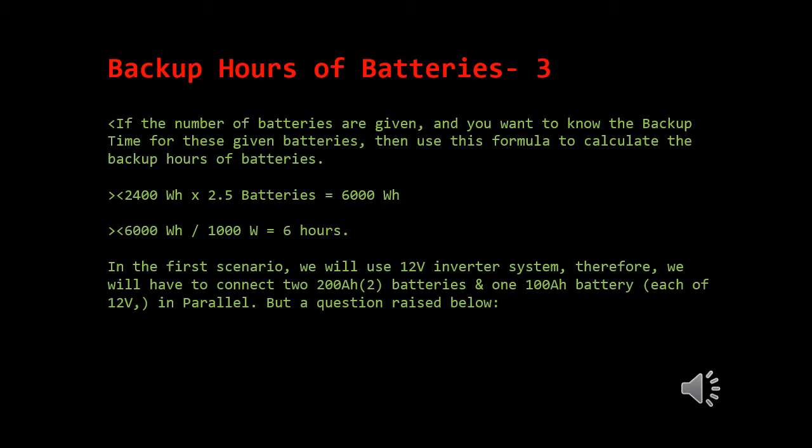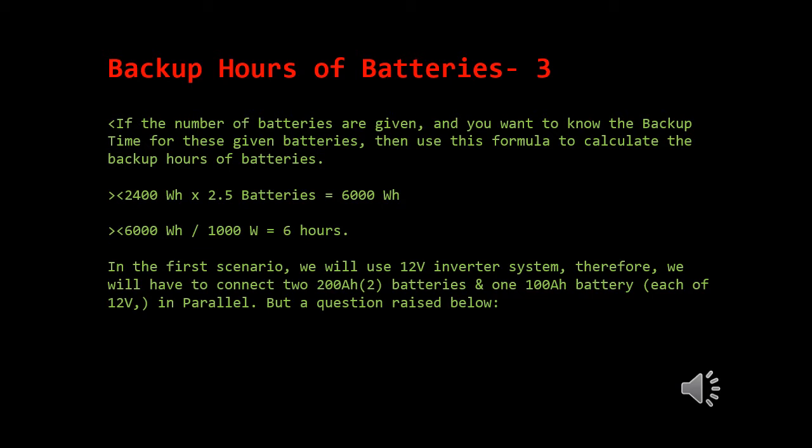Backup hours for batteries. If the number of batteries is given and you want to know the backup time for these batteries, then use this formula to calculate the backup hours.